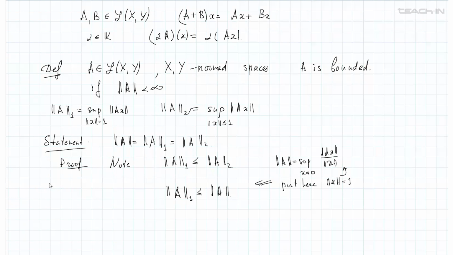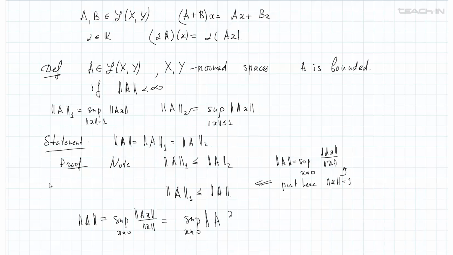And how can we do it? Again, use the property of the norm. We can take inside and outside of the norm the positive numbers. So if x is not 0, then the norm of x is not 0, it is positive.